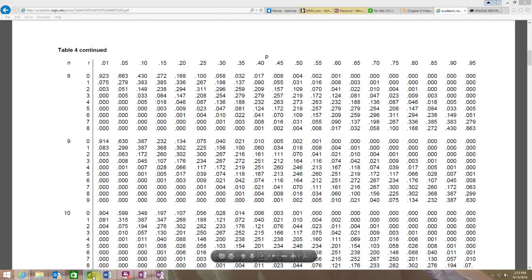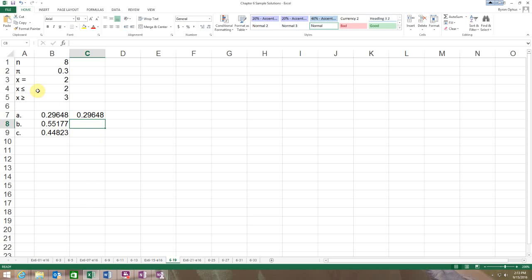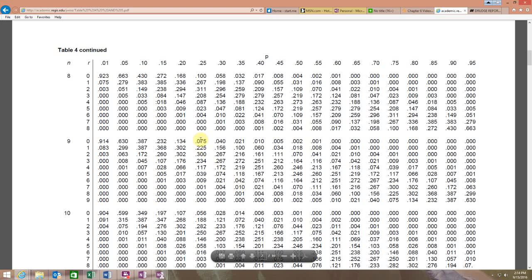My next one asks, what's the probability that x is less than or equal to 2? So it could be 0, 1, or 2. There are probably a couple different ways I could do that. One, I could look at my chart and add these up: 0.058 plus just about 0.2, so about 0.24, plus about 0.3, so about 0.54, somewhere in that neighborhood.